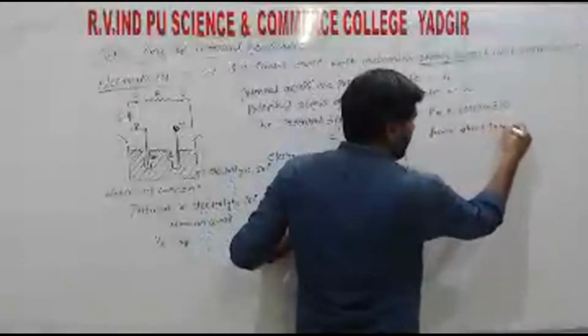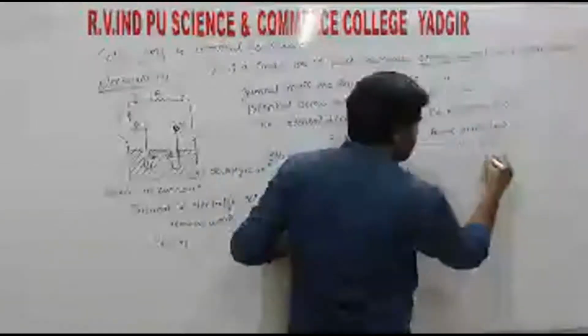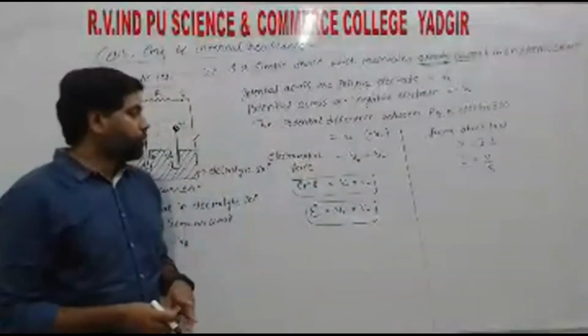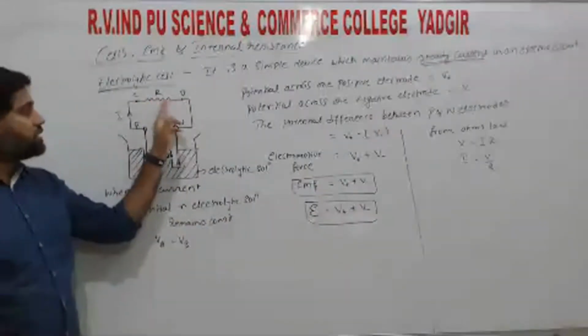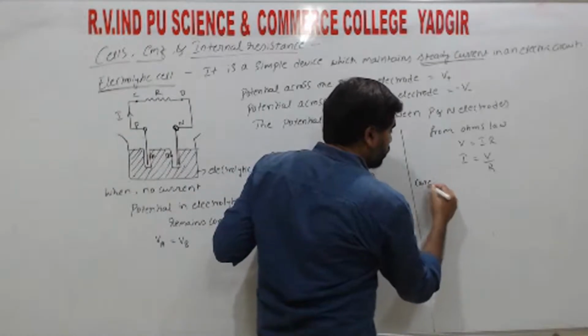From Ohm's law, V equals I into R, so I equals V divided by R. By studying this case, when the resistance is infinity, we discuss the cases.